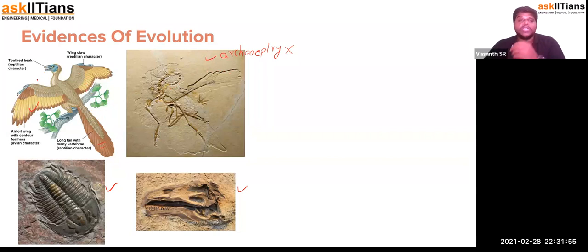But the problem is, in the beak it also contains teeth. Sharp pointy teeth are a characteristic feature of a reptile. And the forearm, which is not completely modified into wings, also contains a claw, which is also a reptilian character. And reptiles have a lengthy tail.